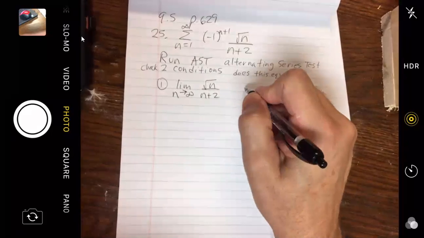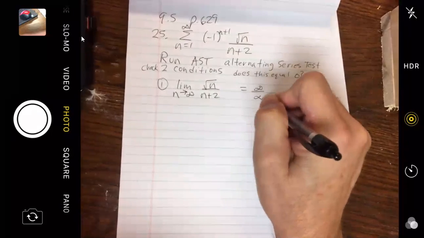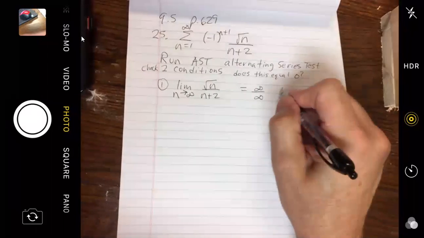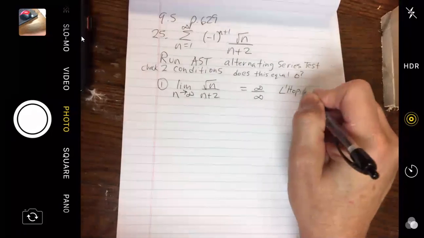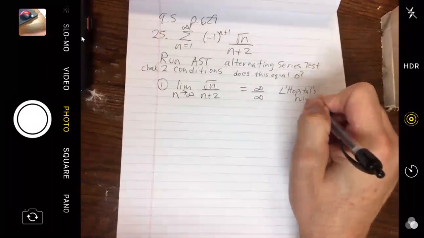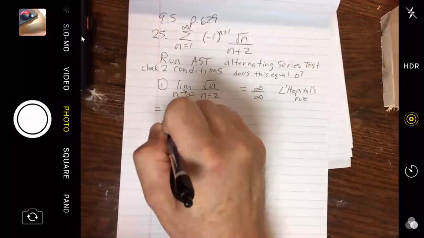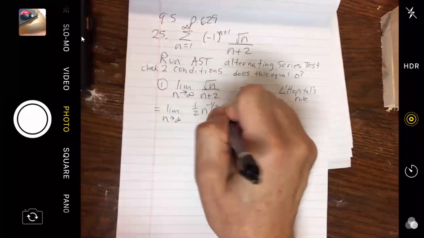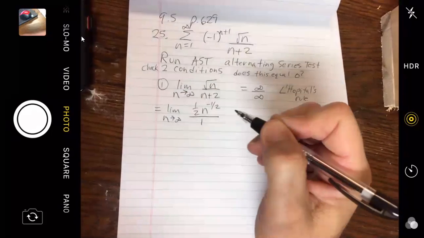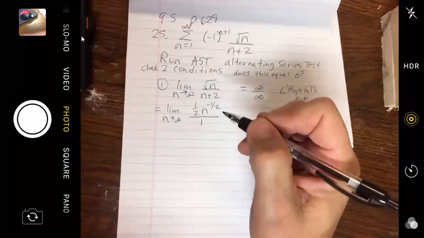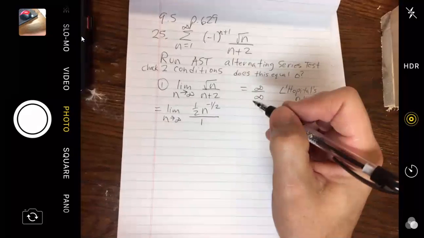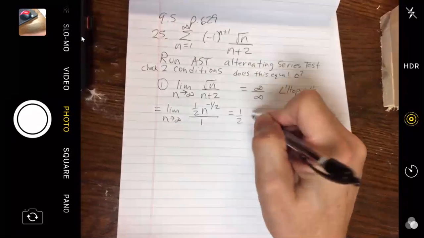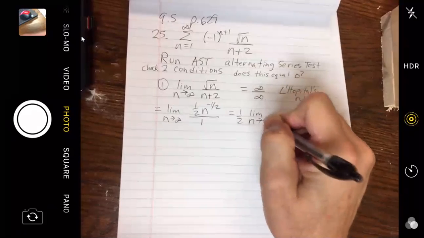All right, so you notice that this is infinity over infinity. Square root of infinity is infinity, so infinity over infinity: L'Hopital's rule. So you get the limit as n goes to infinity, top derivative a half n to the negative a half, bottom derivative is 1. So you can pull the half out front, and you get the limit as n goes to infinity.